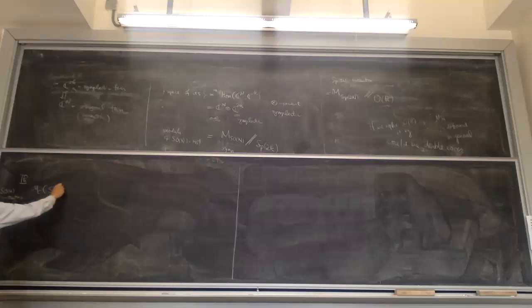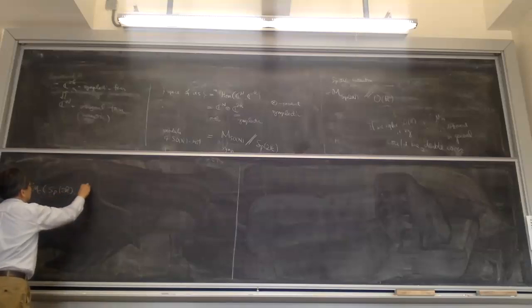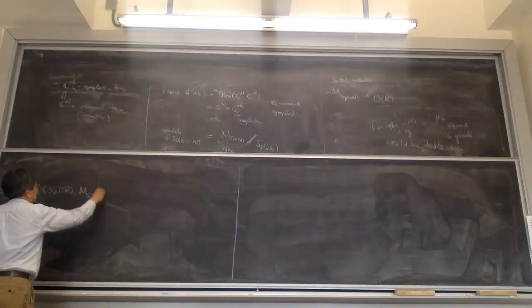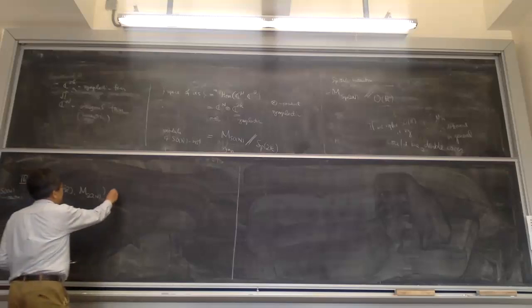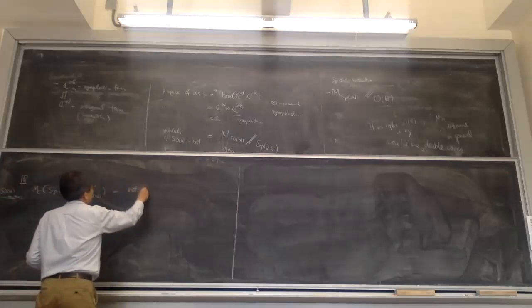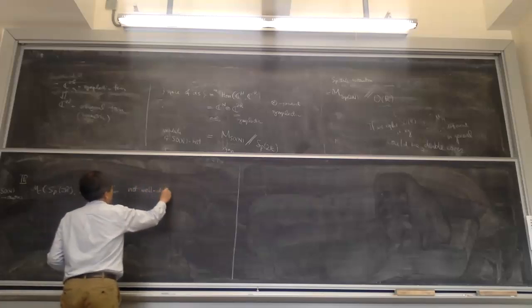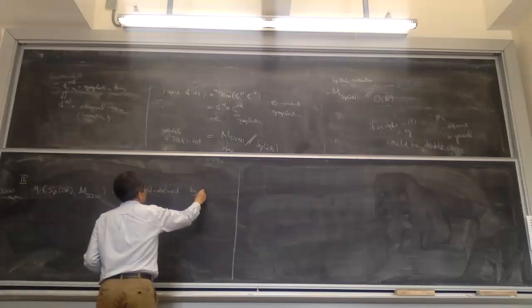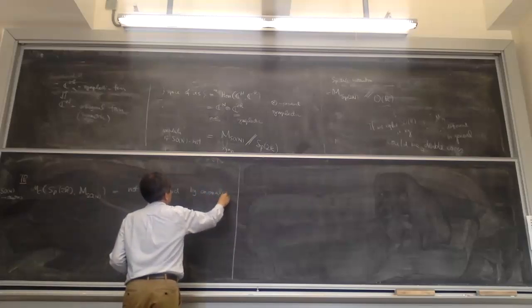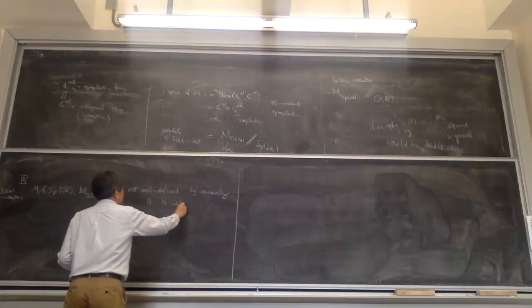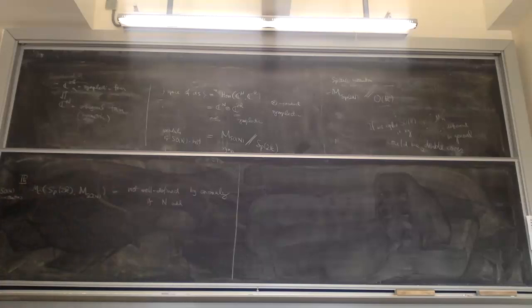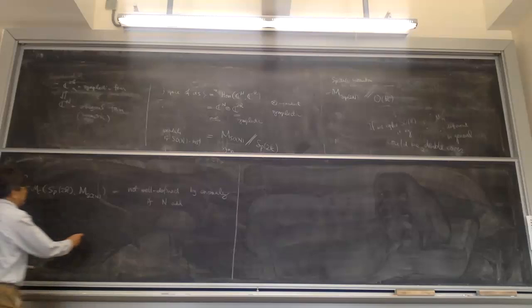It means that we consider the pairs of this representation. In fact, this is not well defined by the anomaly cancellation condition if N is odd.